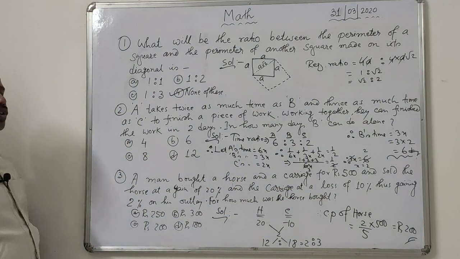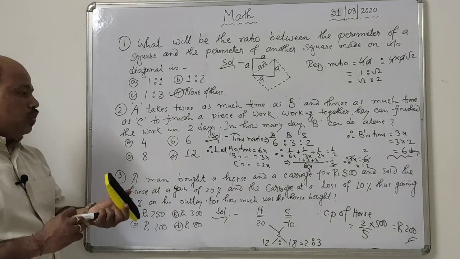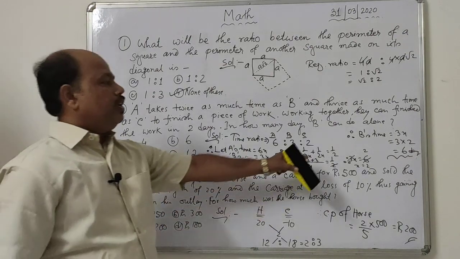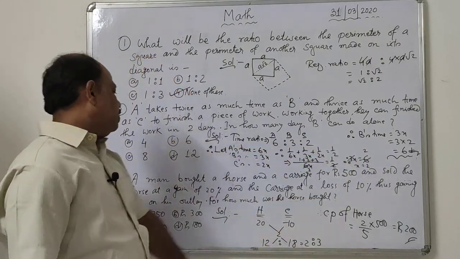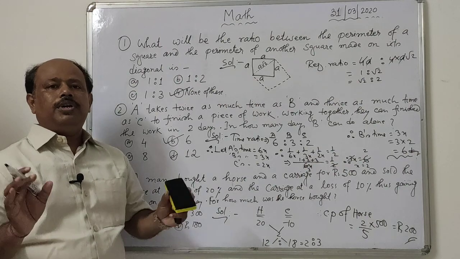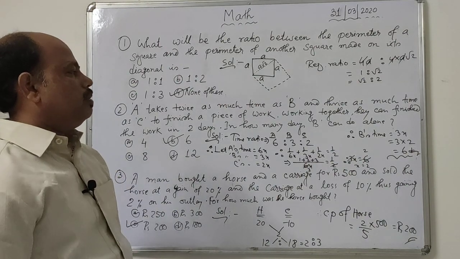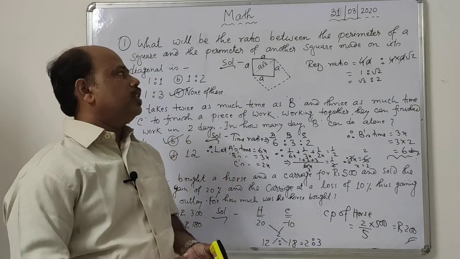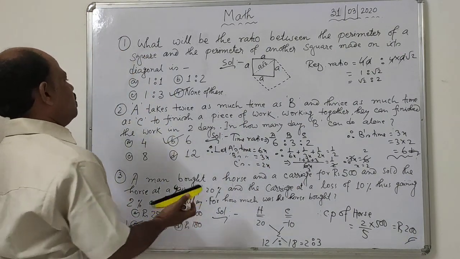You see that the cost price of the horse is 200, in option C. Here for the second question, 6 days, that is option B. Very simple, but VVI. We will discuss the next question.